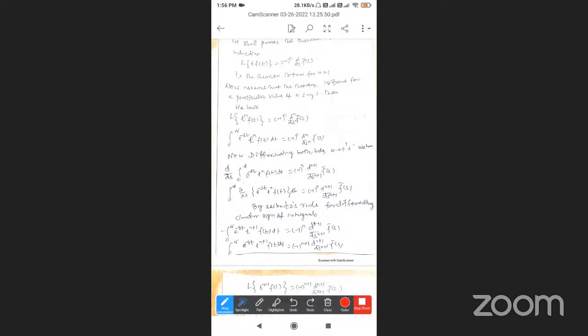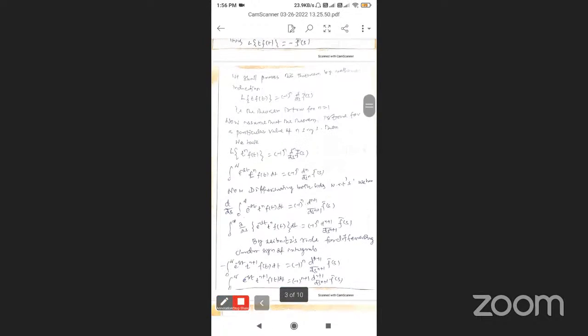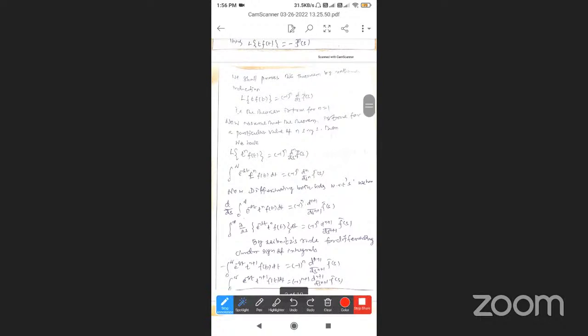Right. So we have the first term. The Laplace transform, it's clear. So we shall prove this theorem by mathematical induction. The Laplace transform of t into f of t is equal to minus 1 whole power of n d by ds of f bar of s.